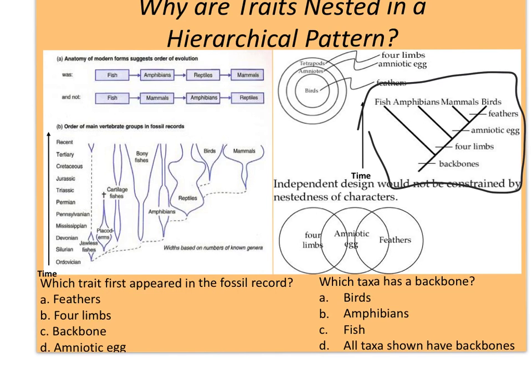Amphibians don't have an amniotic egg. Birds and mammals: birds have feathers, mammals have fur and a mammary gland. So at the bottom here, it asks which trait first appeared in the fossil record in terms of that phylogram or cladogram.